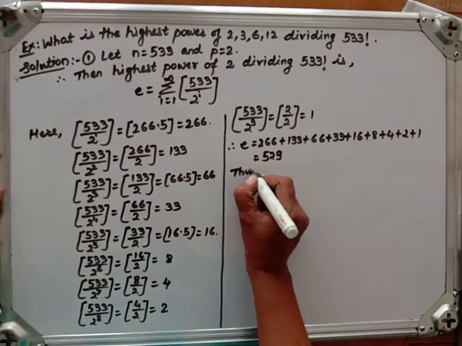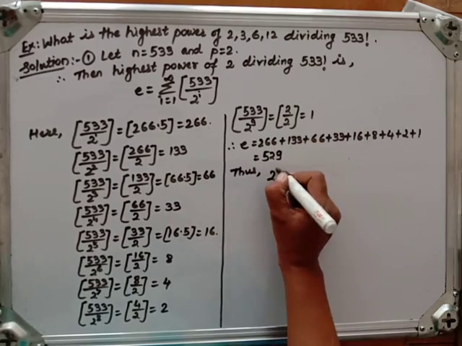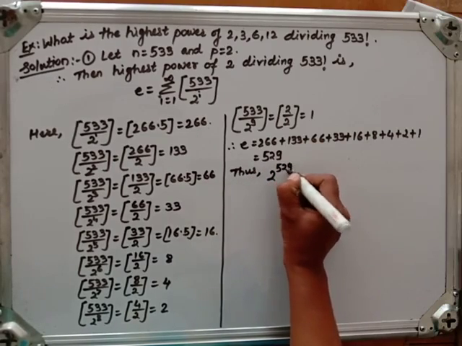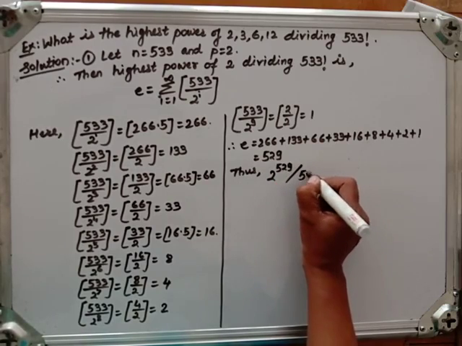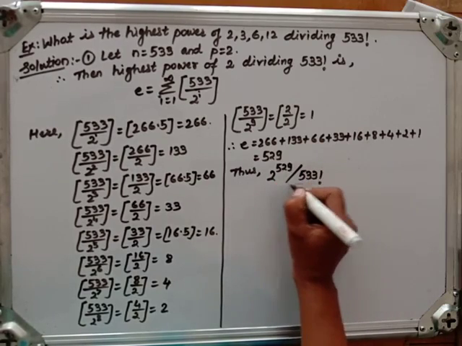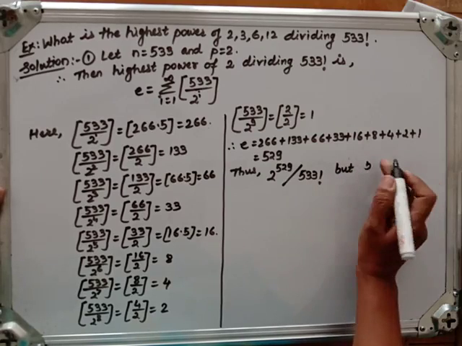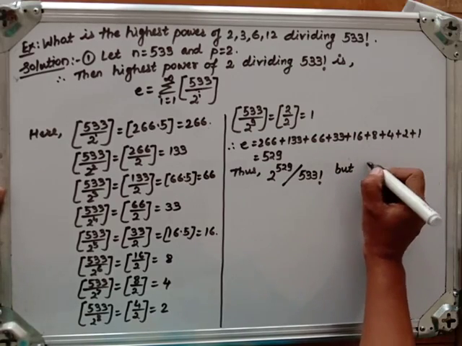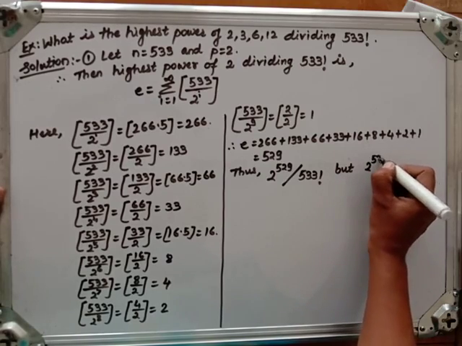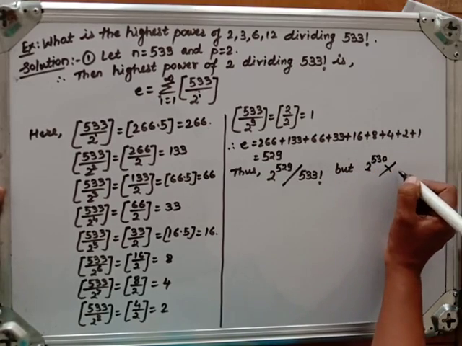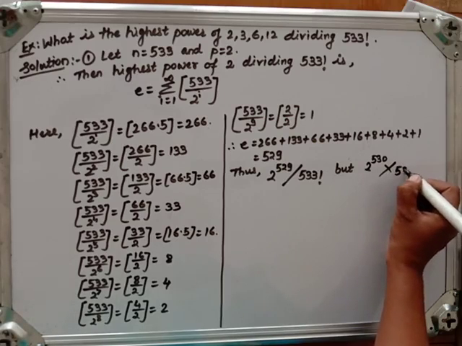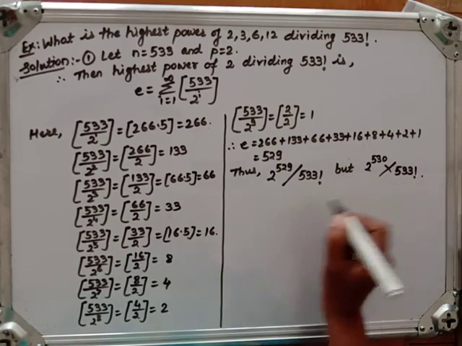Thus 2 raised to 529 divides 533 factorial, but 2 raised to 530 doesn't divide 533 factorial.